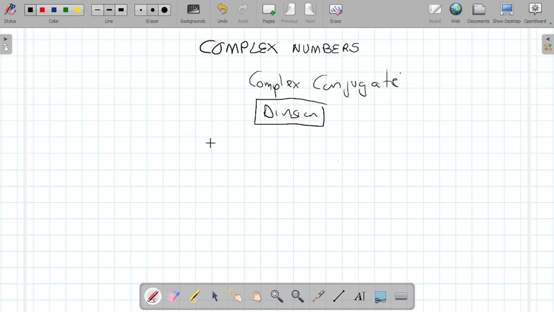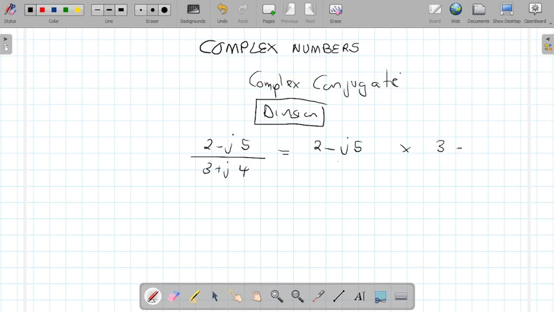Now let's look at an example of how to divide complex numbers. If you want to divide 2 minus j5 over 3 plus j4, you have to multiply the complex conjugate of the denominator at the top and at the bottom. So this is going to be equal to 2 minus j5 multiplied by, what is the conjugate of this?